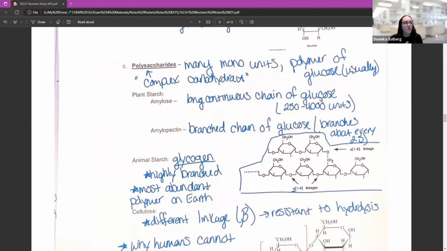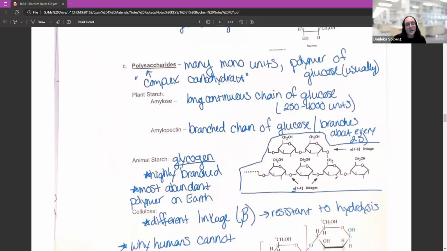Amylose is just a long continuous chain of glucose units, like 250 to 4,000 units, just a huge molecule of glucose units. Now, amylopectin is a bunch of glucose units that kind of have branches. Okay, so they're more compacted in shape, you could say. You're going to have a bunch of different branches off there, like this one down here. This is a bunch of glucoses bonded together, and then I got a branch off here. So they are like a specific type of starch.